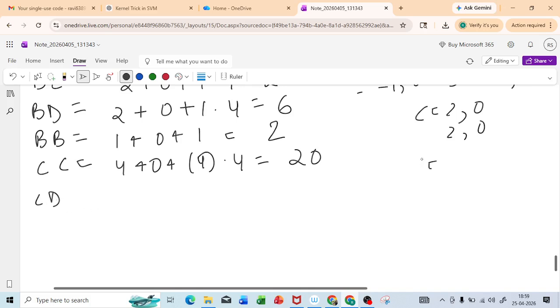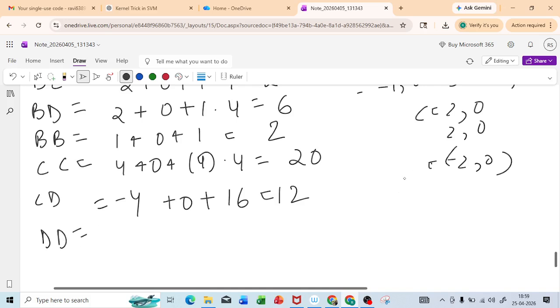C is this and D is minus 2 comma 0. So we get 2 into minus 2 is minus 4, plus 0, plus 4 into 4 is 16. So we get 12. And then DD: D is minus 2 into minus 2, 4, 0 into 0 plus 4 into 4, which is 16, so 20.